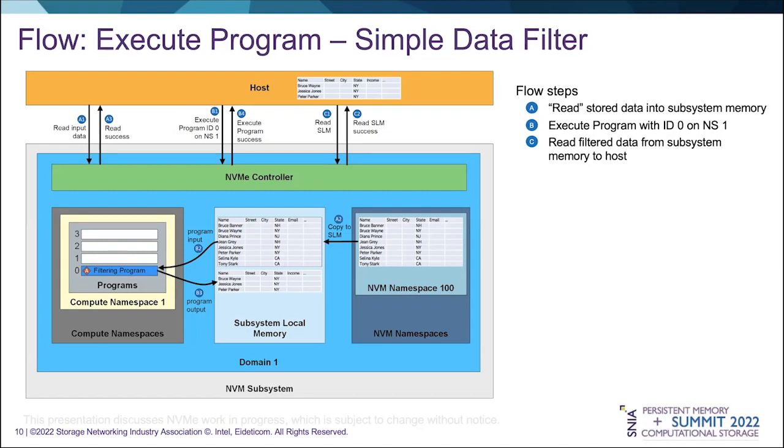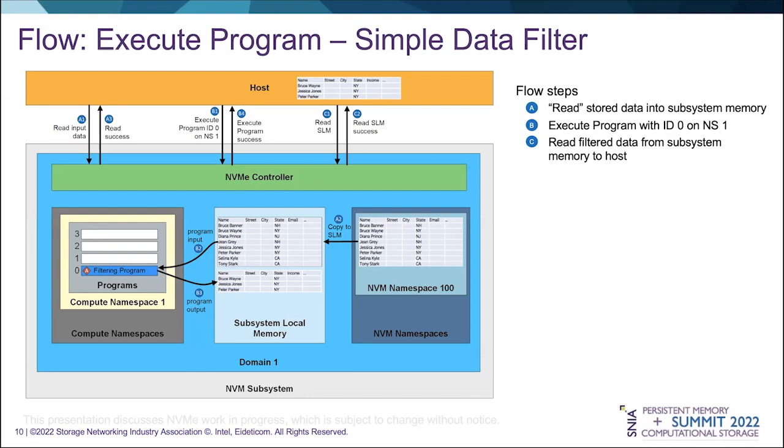The reason why we've done things in a certain way is because we have to be cognizant of the fact that computational programs will have to work in both single controller and multi-controller environments. And that feeds into some of the decisions that are made.